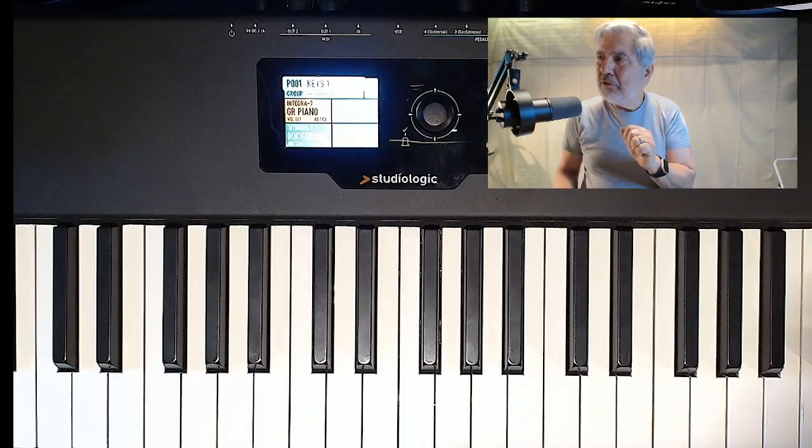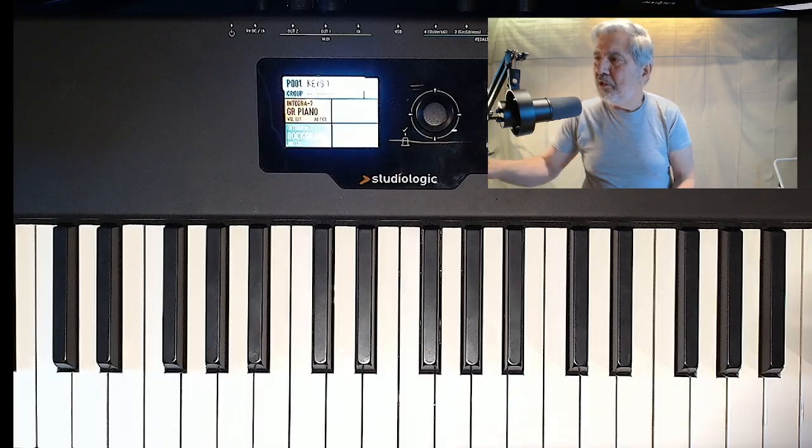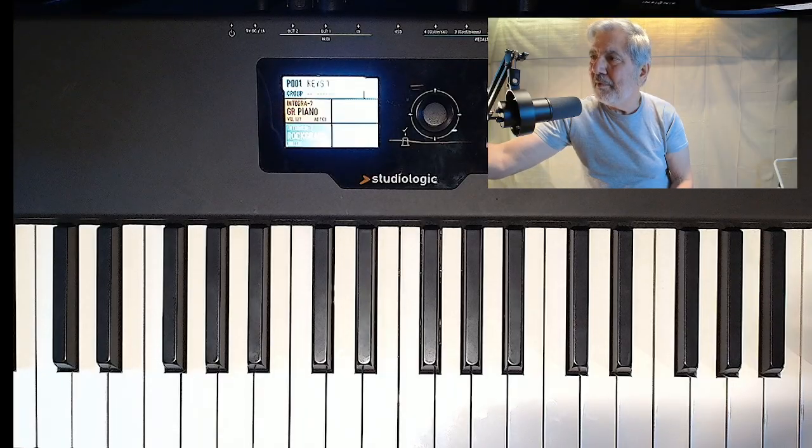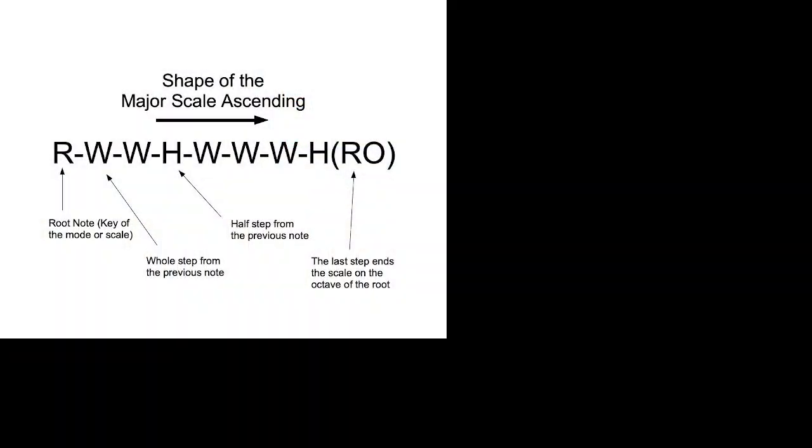So let me just switch images here for a second. Okay, I think you can see that. So this is just a review of the notion of shapes. Again, if some of these terms aren't familiar to you, go back to lessons 1 and 2, and they'll come back to you.